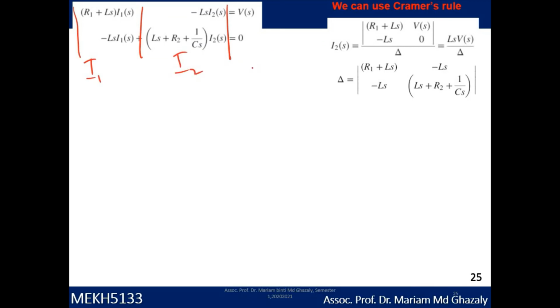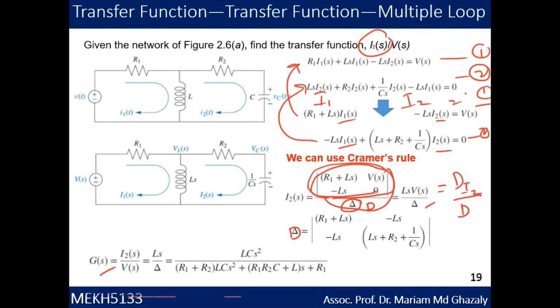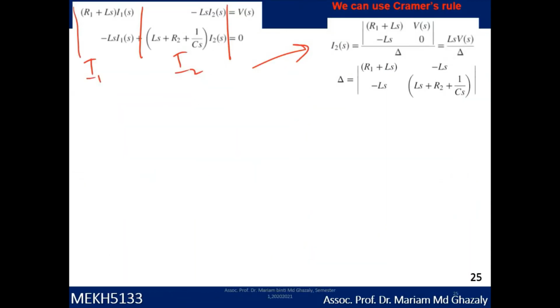What you need to solve for is based on the original equation, which asks you to find the transfer function of I2 over Vs. So the idea is to find out what I2 is. This is simple. I2 is the determinant of I2 over d, right? So what you need to do is find dI2 and the determinant d.